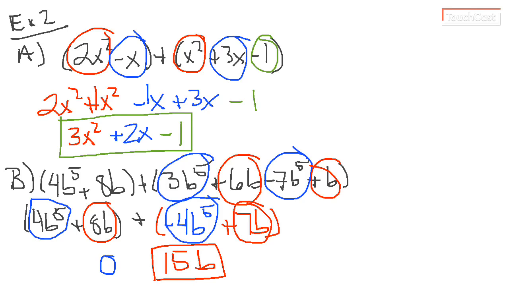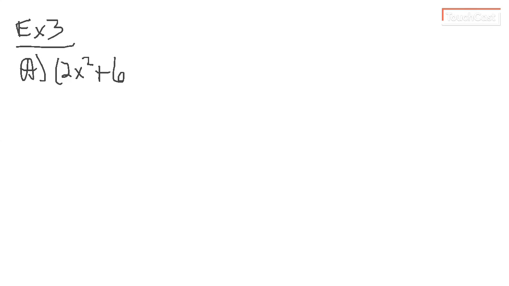So now let's look at what we would do if we're going to subtract polynomials. So this is example 3. We're going to take 2x squared plus 6, and we're going to subtract 4x squared from that.